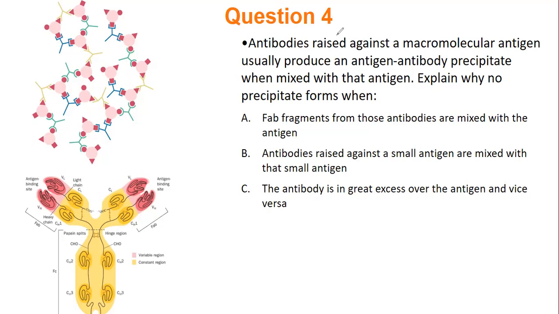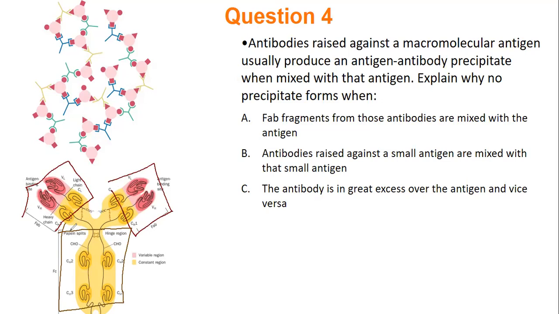So let's take a look at what the Fab fragment is. So the Fab are this part, and the Fc, the crystallization, let me use brown. I don't know why I used brown and dark red. That was a poor choice.